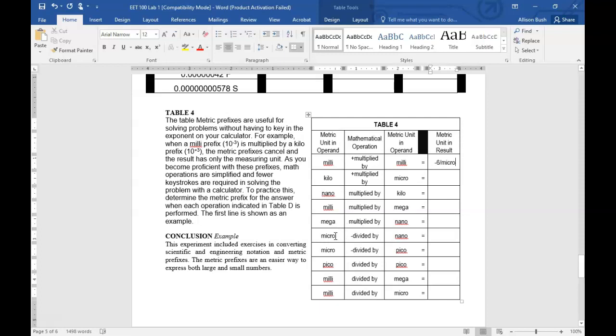All right? So to do a different one, what about micro minus nano? And what do you need to be careful of doing here? Micro is -6, nano is -9. What do you not subtract?